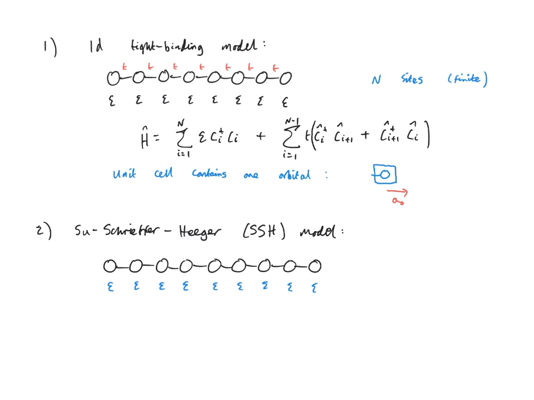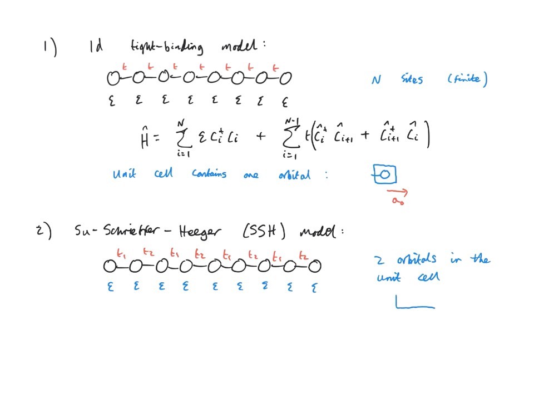But this time, I have alternating tunneling elements. So T1, T2, T1, T2, T1, T2, and so on. And so in this particular system, we have a unit cell which contains two orbitals. So this will be a two-band system.